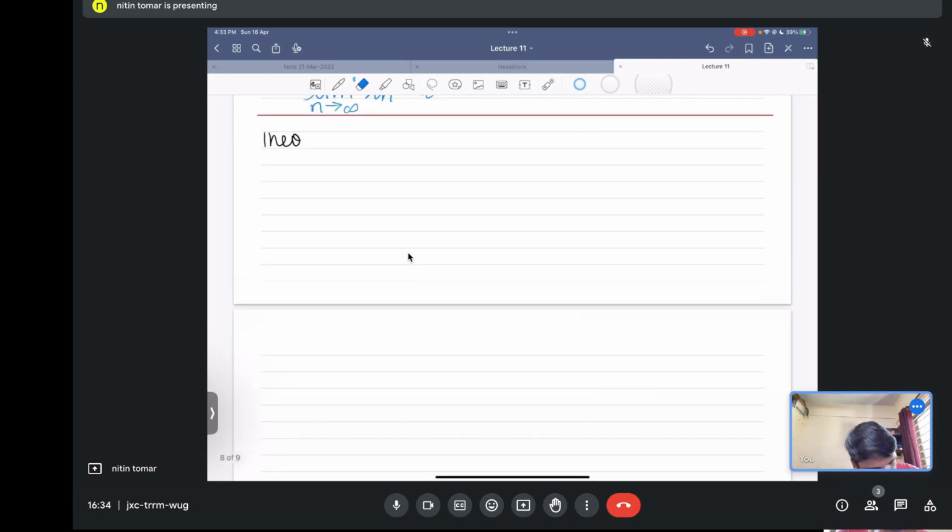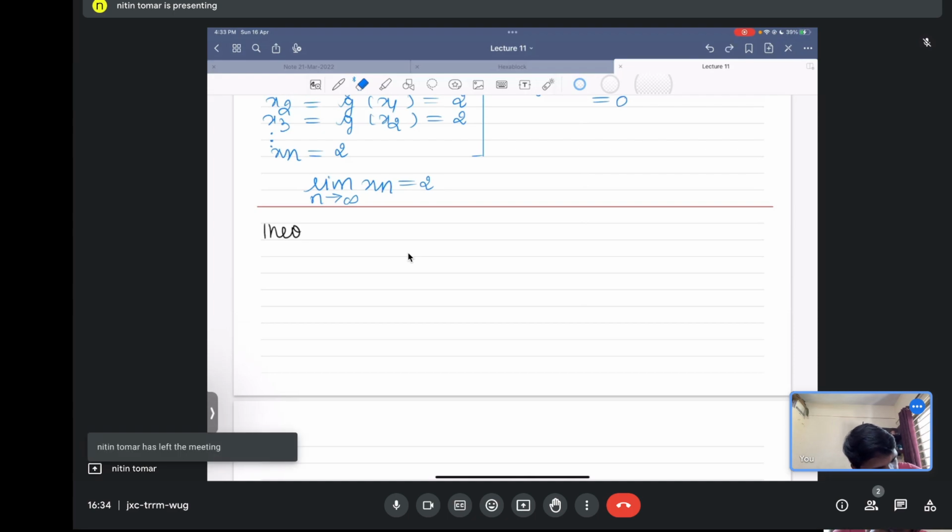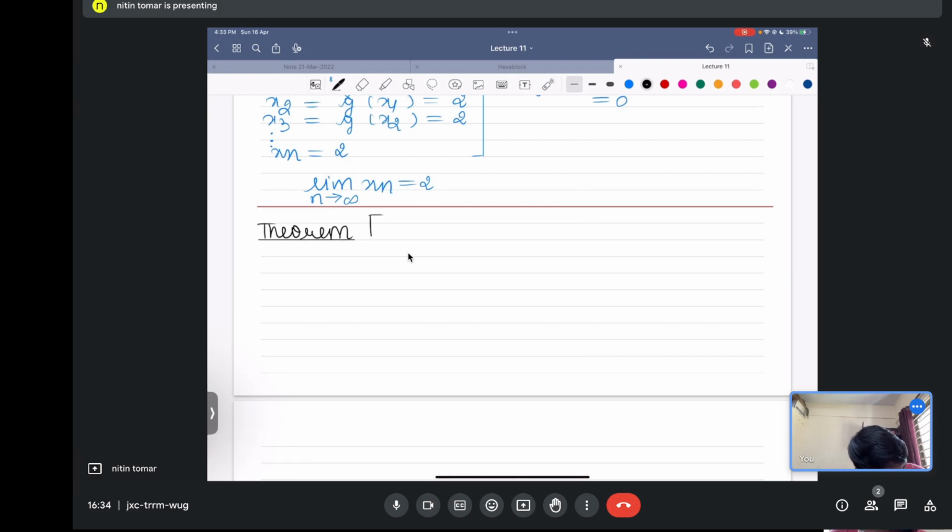So theorem. Convergence result for fixed point iteration method.